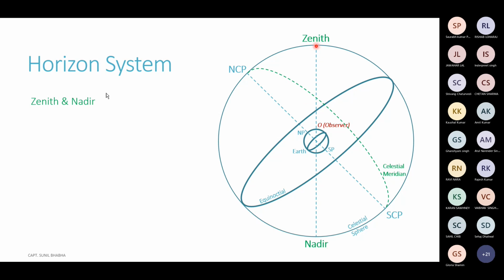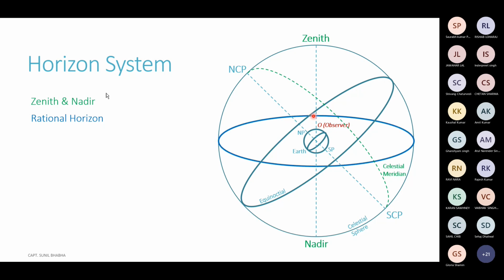Now, we have the zenith and the nadir represented on the celestial sphere. Now we are going to draw what we call the rational horizon. Rational horizon is a great circle on the celestial sphere exactly midway between the zenith and the nadir.